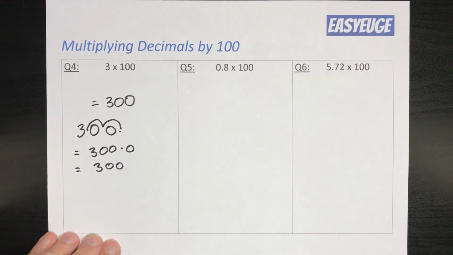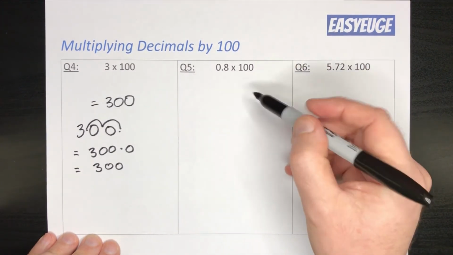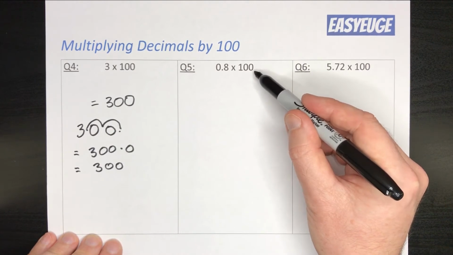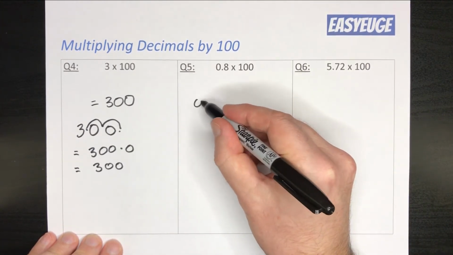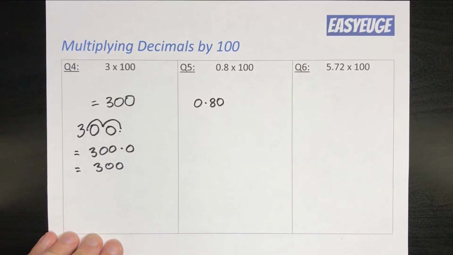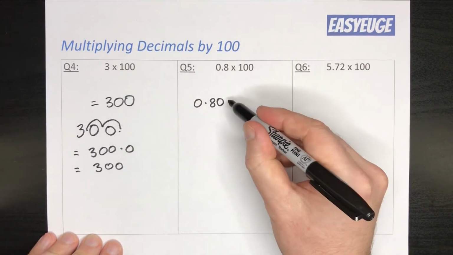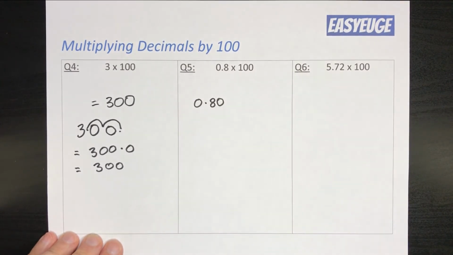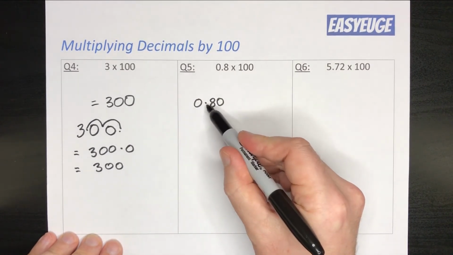Now let's use that trick on something a bit more complicated, like question 5. 0.8 multiplied by 100. So we start by writing down 0.8, and I've added on a 0. We could add on as many zeros as we want, because we're going to move that decimal point 2 places.